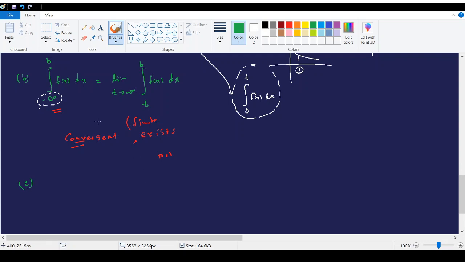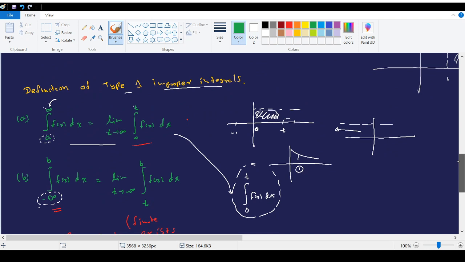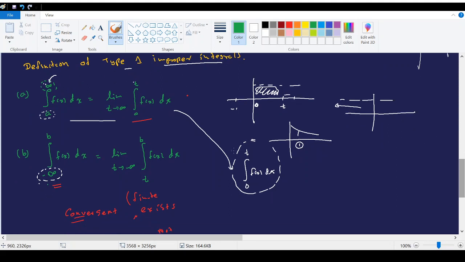Okay, so now up to this point I said we consider an integral to be an improper integral if we have infinity as a lower or upper limit, and then it converges if this limit value exists finitely, and it diverges if it doesn't finitely exist, right?